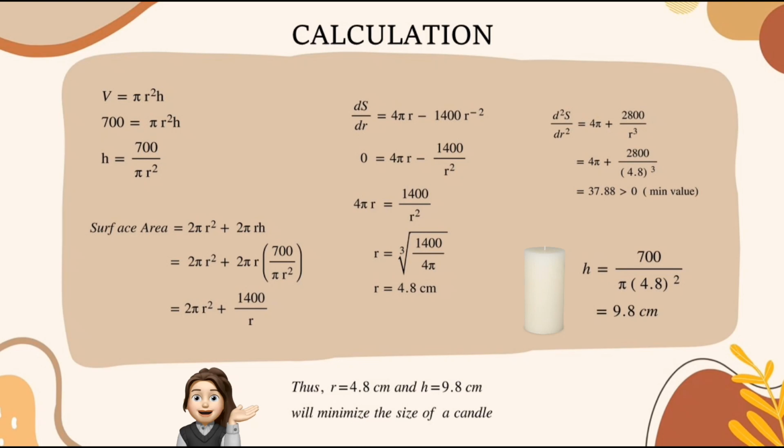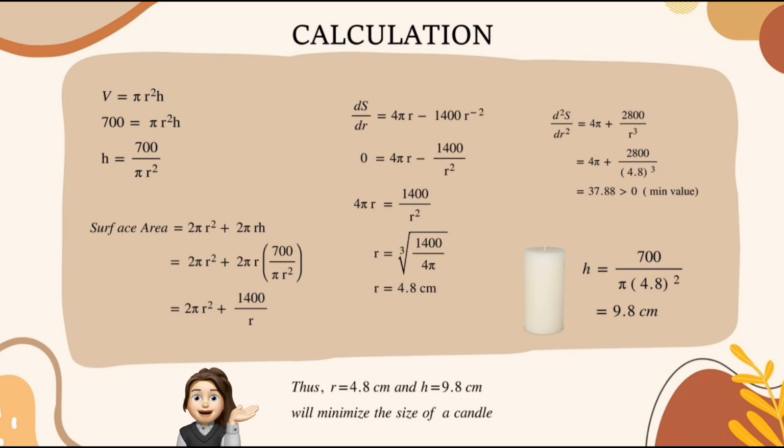Then differentiate S in terms of r, which is dS over dr, and we get 4 pi r minus 1400 r to the power of negative 2. After that, to find the value of r, dS over dr must equal 0. Then we get the answer of 4.8 centimeters for r.